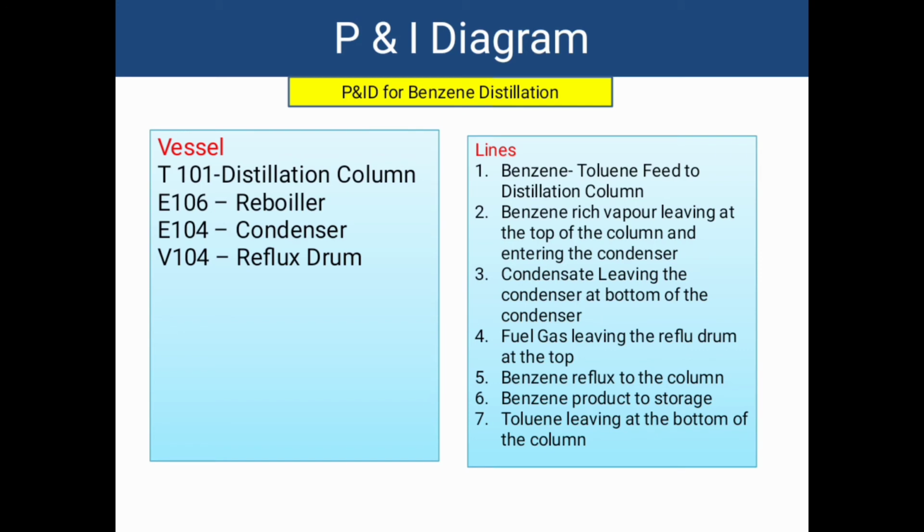It contains T101 distillation column, one distillation column, E106 one reboiler, E104 one condenser, V104 one reflux drum, and the lines: benzene toluene feed to the distillation column, benzene rich vapor leaving at the top of the column, condensate leaving the condenser, fuel gas leaving the reflux drum, benzene reflux to the column, benzene product to storage, toluene leaving at the bottom of the column.